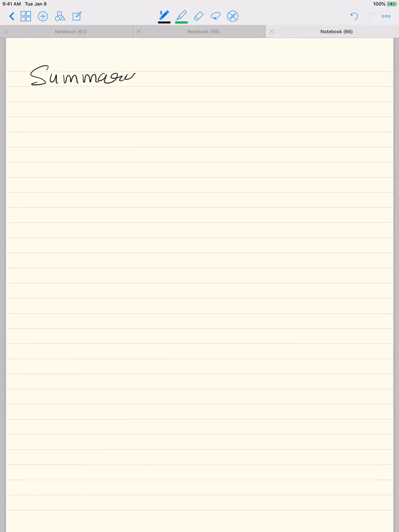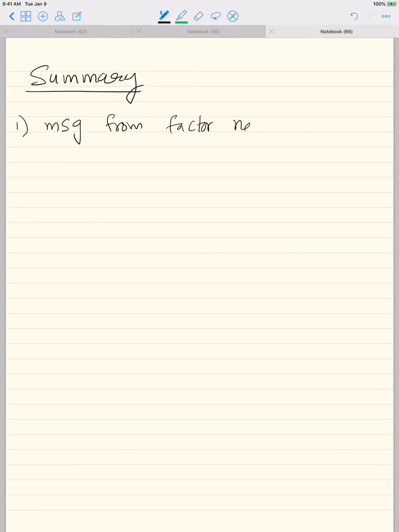So let's do the summary now. If we want to compute the message, actually let's do factor to variable first.